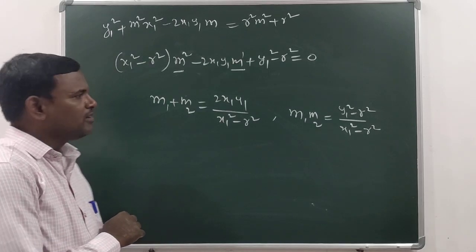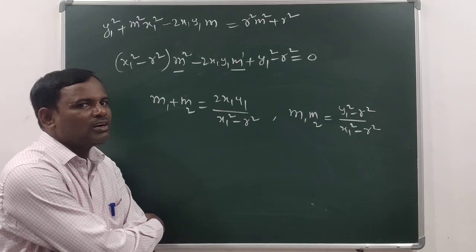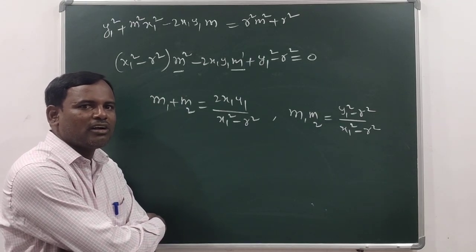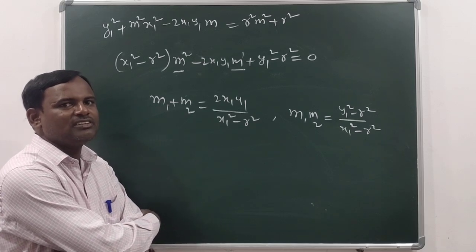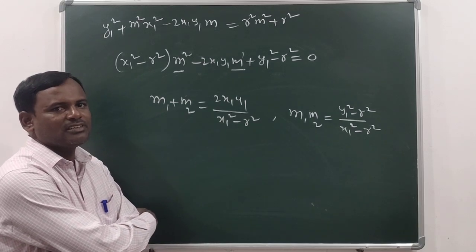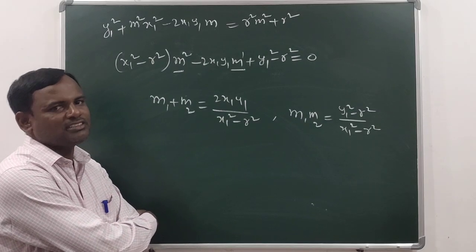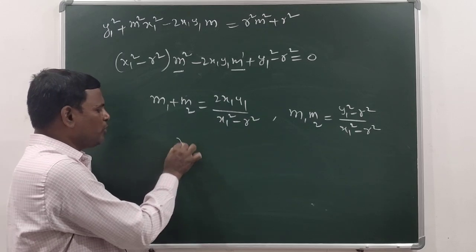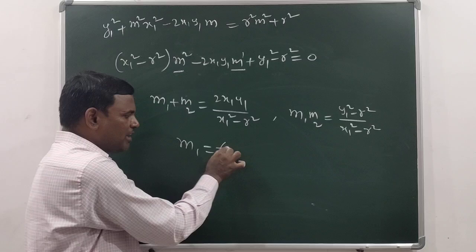Right. See students, in the problem, what is given? They mentioned theta 1 and theta 2 are called inclinations of the tangents. When the inclinations are given, how do you find the slope of the tangent? m1 is equal to tan theta 1.